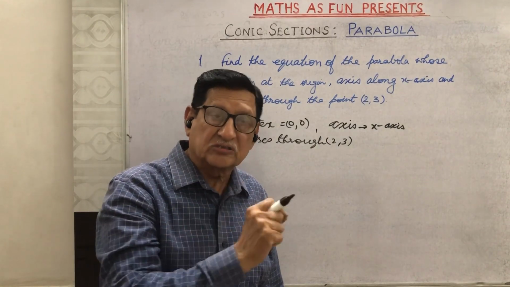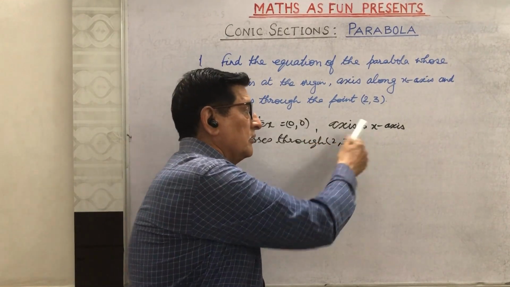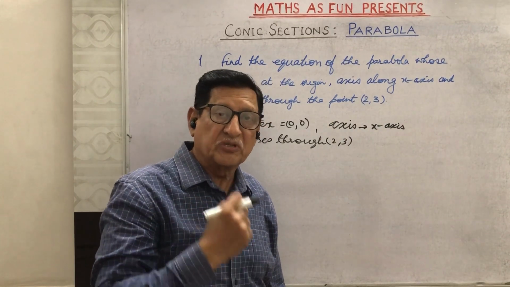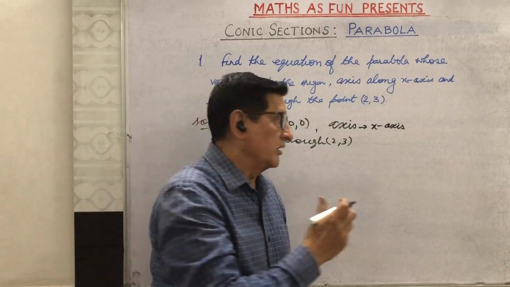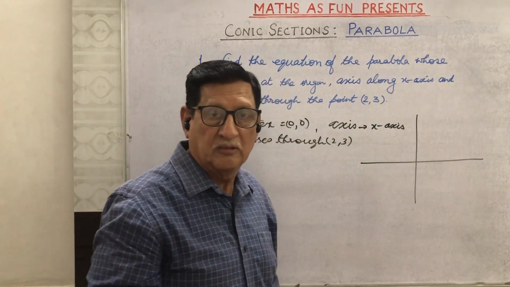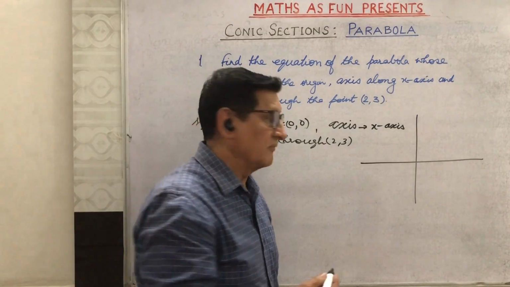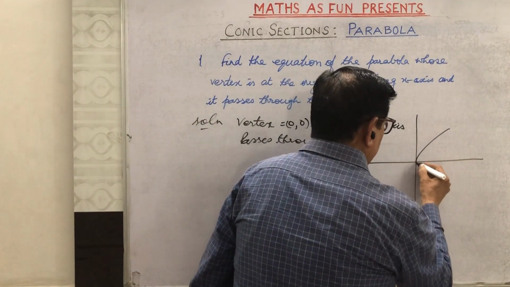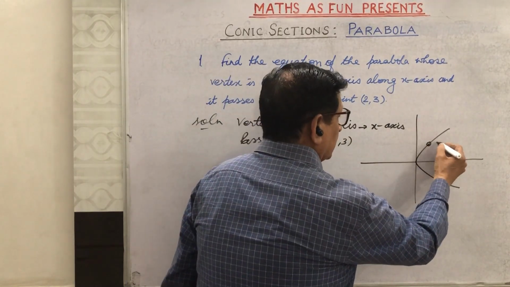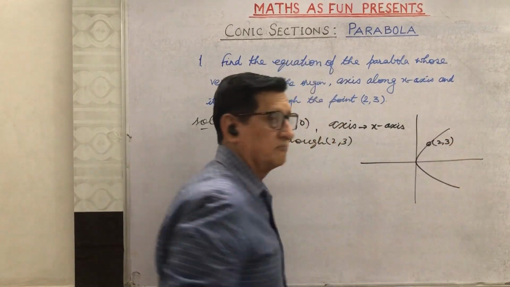And since this is the parabola having the axis as x-axis, it means this is the first form in which the parabola is on the positive side of the x-axis. We can see here, this is the parabola, suppose, and suppose the point is here, that is 2, 3.